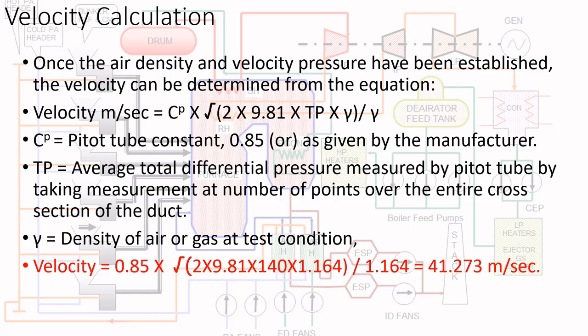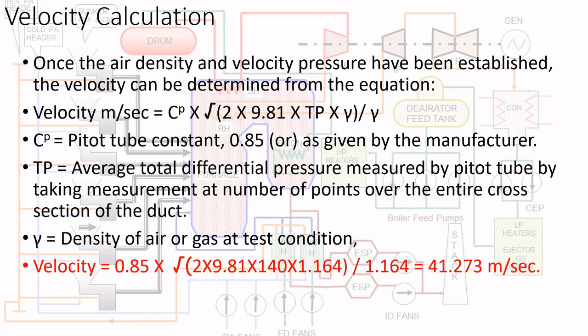Tp is the average total differential pressure measured by the pitot tube, or by taking measurements at a number of points over the entire cross section of the duct. Gamma is the density of air or gas at the test condition. So this velocity in our case comes out to be around 41.273 meters per second.